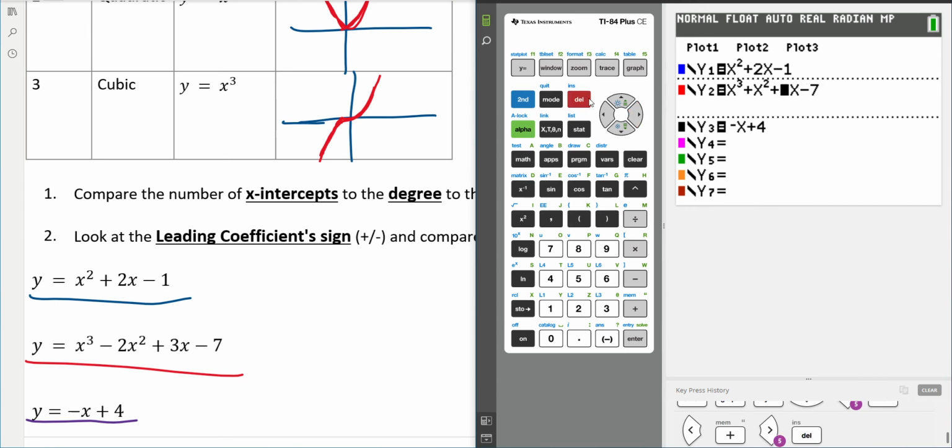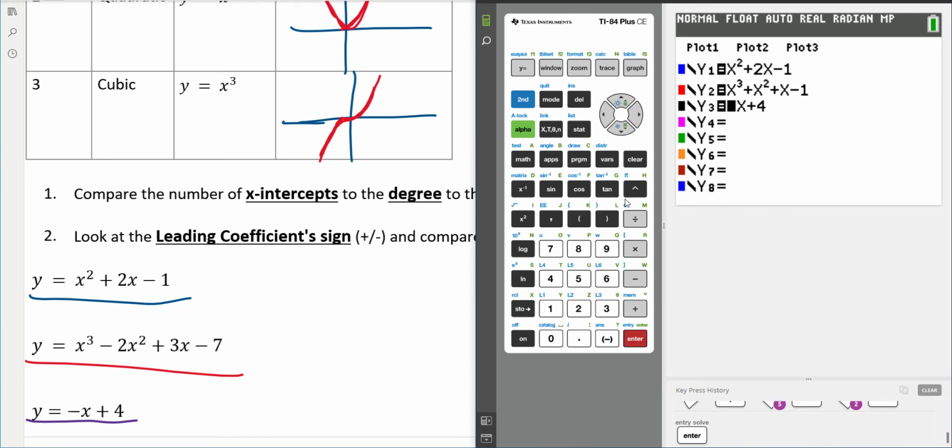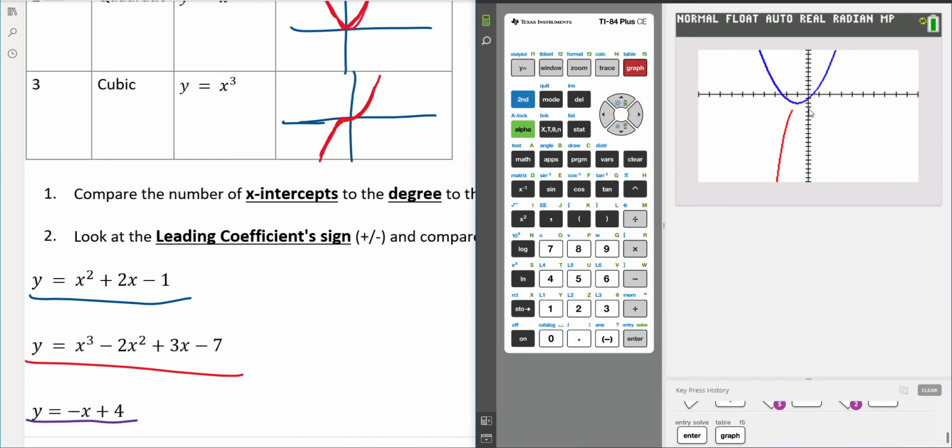I don't know if this is going to do it right away, but let's see. Yeah, it doesn't quite reach. Okay, you can only see one, but other cubic functions will often also show up like this, and so you'd see 1, 2, 3 different x-intercepts.